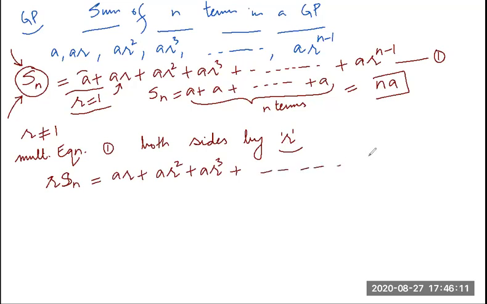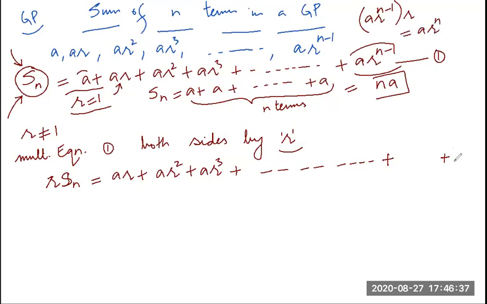Now, Ishma, could you please tell me what will be the last term? Simply multiply a r raised to power n minus 1 by r. So it will be a r raised to power n.